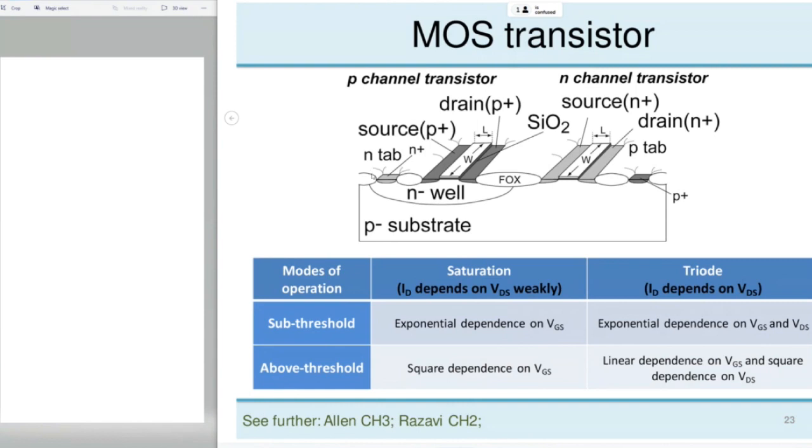For this, we will have a local well here, an N well, and this will act as a local substrate for this transistor only. And then we'll have to bias it. So in this case, it's an N-tap, an area with N plus doping, so that we have a good contact, and we'll bias it to the highest possible potential. Because here the parasitic diode, the N plus diode, is in the other direction.